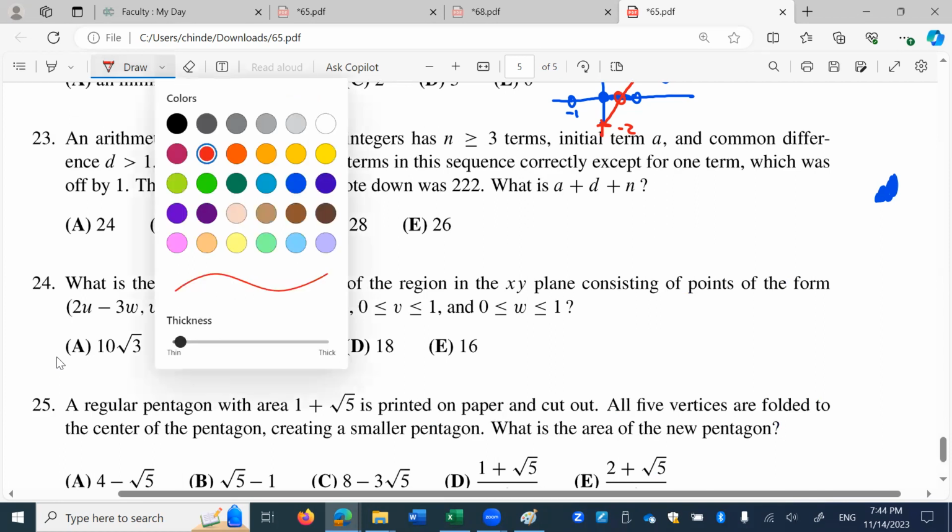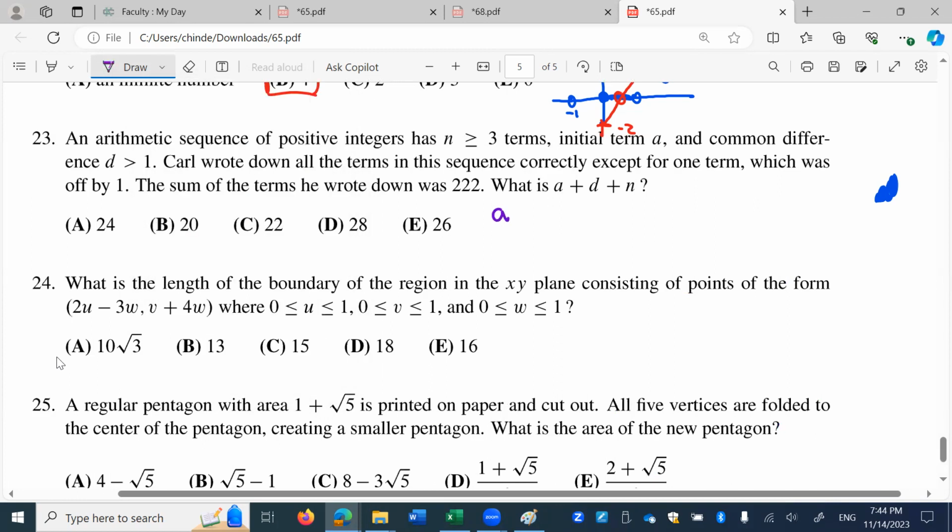We don't have too much to go on here. Let's just write down what they are. So it's A, and then A plus D, and then A plus 2D, and finally A plus (N minus 1)D, right? N total terms. And so the last one's like this.